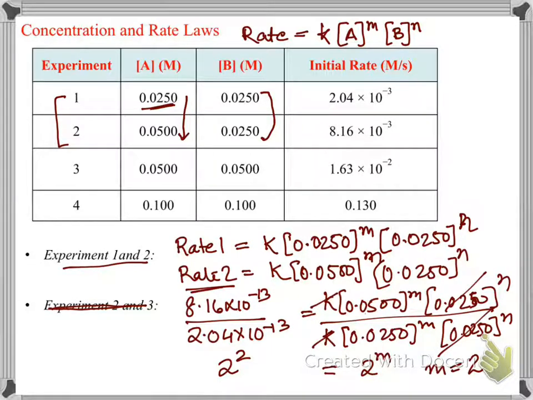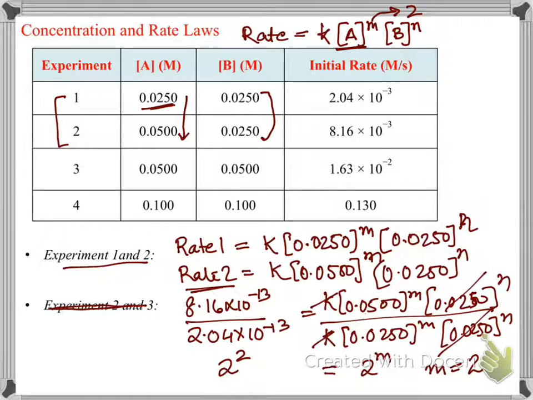What does that mean, m equals 2? That means the rate is proportional to the concentration of A raised to the second order. That means the order of the reaction with respect to A is 2, which means if you double the concentration of A, the rate becomes 4 times.